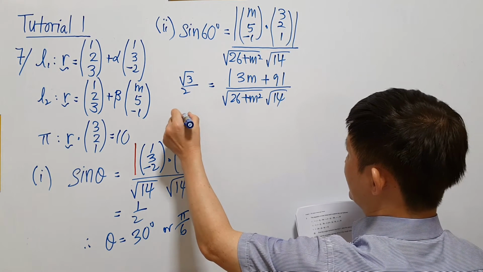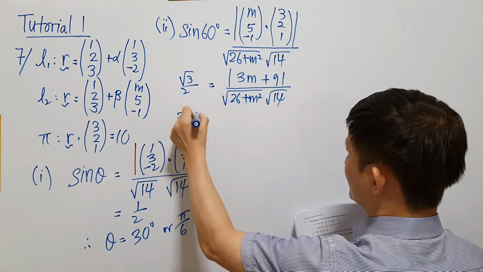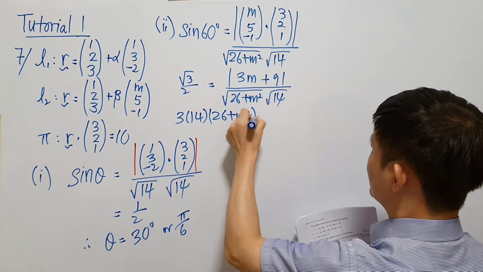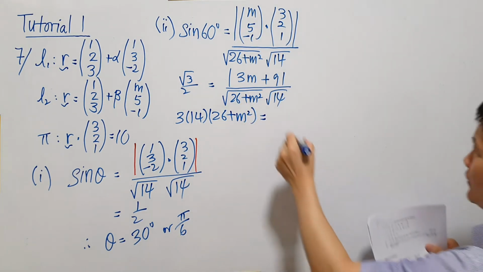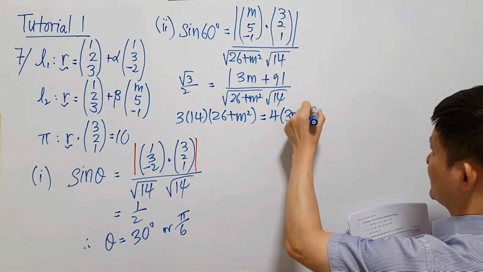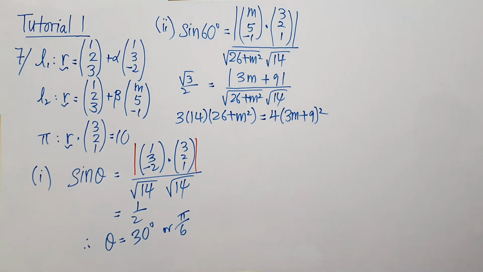Upon squaring both sides, I'm going to get 3 times 14 times (26 plus m squared) on one side. On the other side, I'm going to get 4 times (3m plus 9) squared. From here, I intend to solve for m.